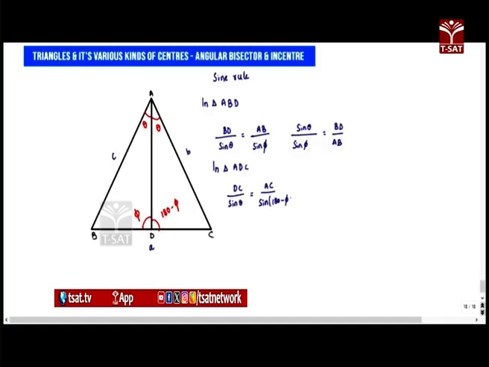We all know sin of 180 minus phi is the same as sin phi, therefore sin theta by sin phi is equal to DC by AC. From equation number 1 and equation number 2, I can say BD by AB is equal to DC by AC.